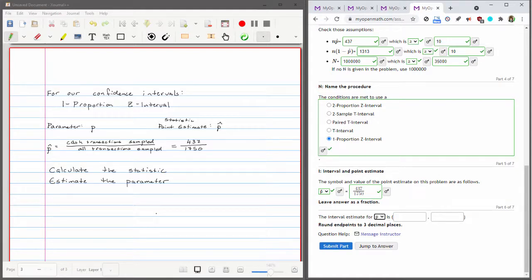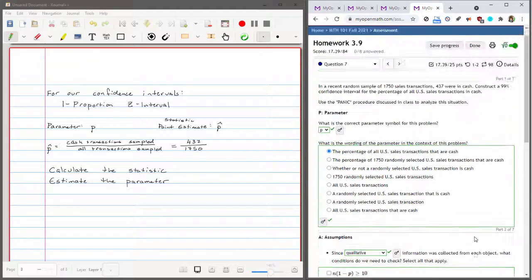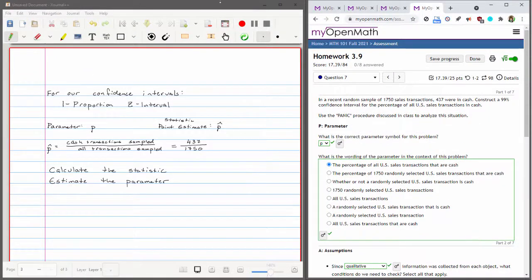Okay, and there's one more piece of information given in the problem that we need before we go to the calculator. So, number of all transactions in the sample is 1,750.